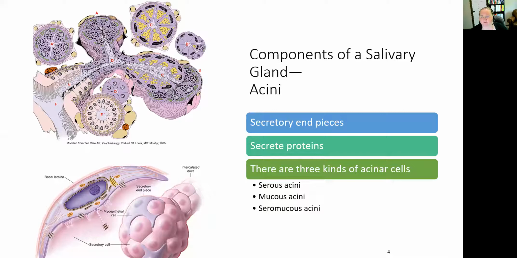So components of a salivary gland: acini, the secretory end pieces, the proteins, and there are three kinds of acinar cells. There's serous, mucous, and seromucous. All right, so seromucous is just a combination of the two.